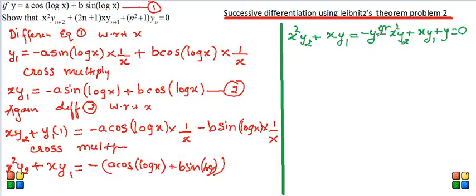Now we will apply Leibniz to this, which is equation number 3 for us.